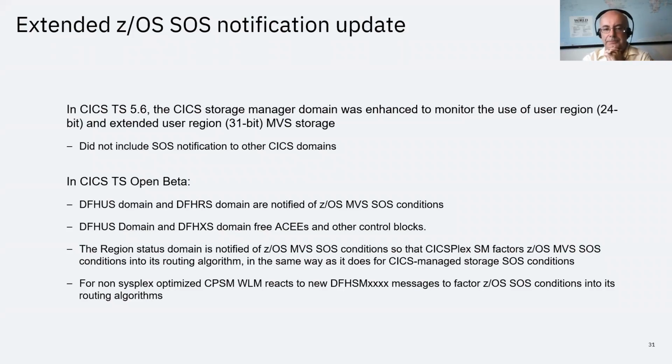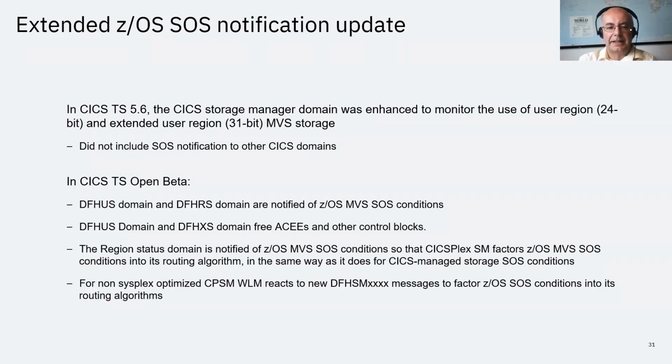So we put that capability in 5.6, but what we didn't have time to do in 5.6 was to include notification of that to other CICS domains. So in 5.6, we have new messages that come out that you can monitor, but we didn't tap the other domains on the shoulder. So that's what we've done in open beta, because there is stuff that particular domains can do. For example, the US domain and the RS domain are notified of these MVS short-on-storage conditions.